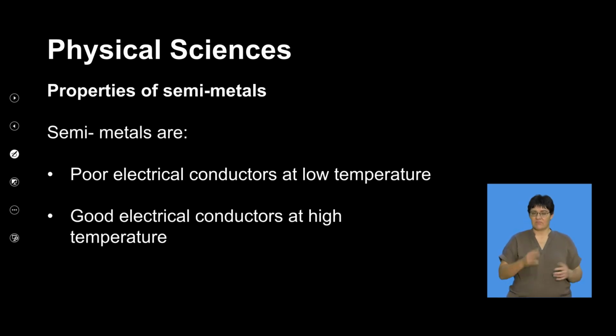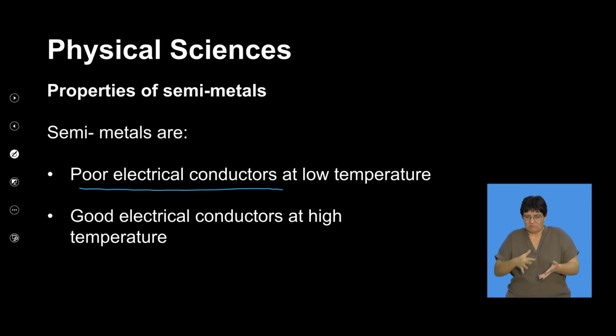Now let's look at some of the most important properties of semi-metals, in terms of what exactly stands out about them in comparison to other materials on the periodic table. We are saying that all semi-metals are poor electrical conductors. So poor electrical conductors are good insulators, but this poor electrical conductivity is only prevalent at very low temperatures, okay, while they are good electrical conductors at high temperatures.